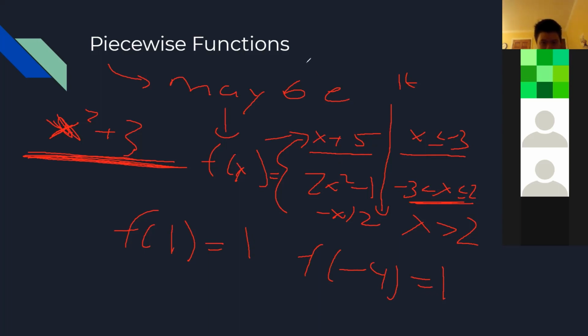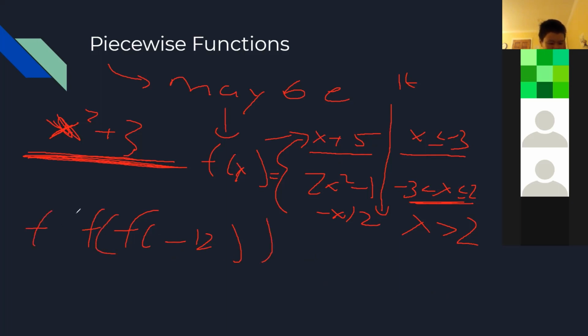Now, if you were to take f of -12 and then composite it by itself a few times, first off, -12 is less than -3, so it becomes -7, then it becomes -2, which follows this now.